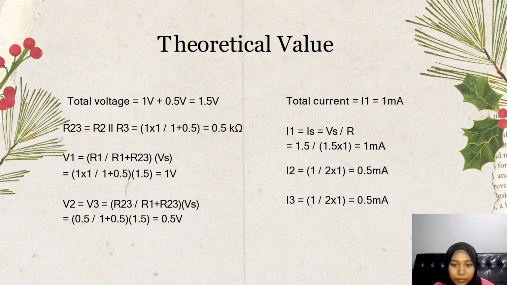For I2, it is equal to 1 over 2 times 1, equal to 0.5 milliampere, and for I3 it is also 1 over 2 times 1, equal to 0.5 milliampere. The values of I2 and I3 are the same, which is 0.5 milliampere.